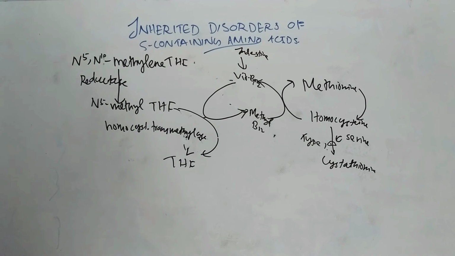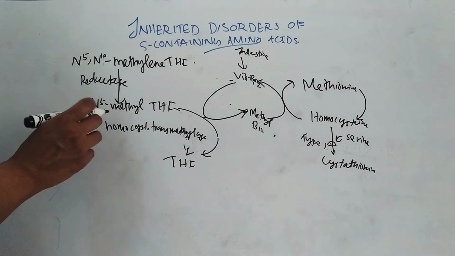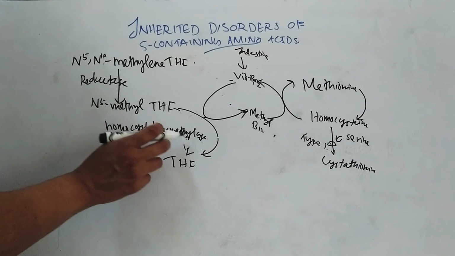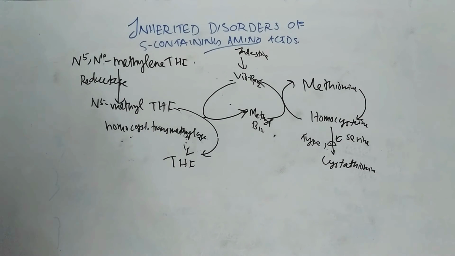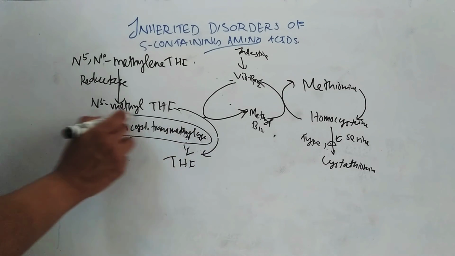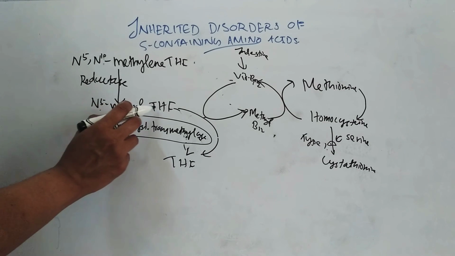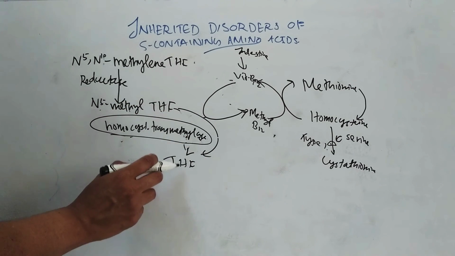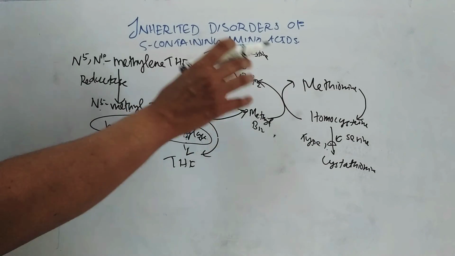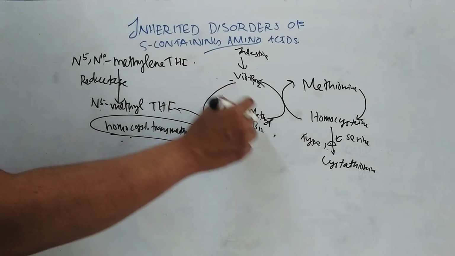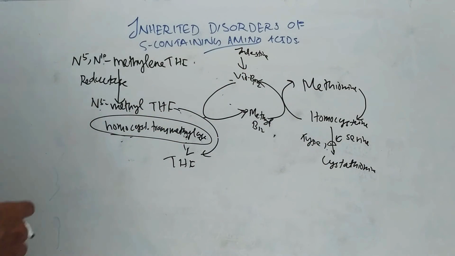So here in homocystinuria type 2, it is an autosomal recessive condition. Here the enzyme deficient is N5 methyl tetrahydrofolate homocysteine transmethylase. So N5 methyl tetrahydrofolate cannot be converted to THF. It cannot form methyl B12, and here homocystinuria occurs.